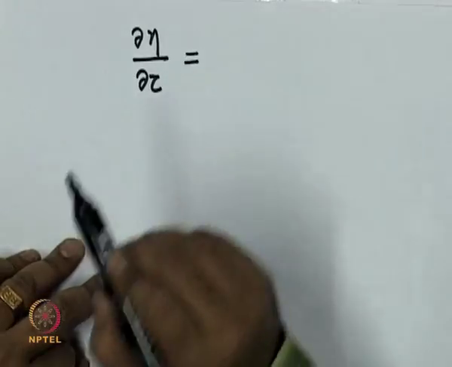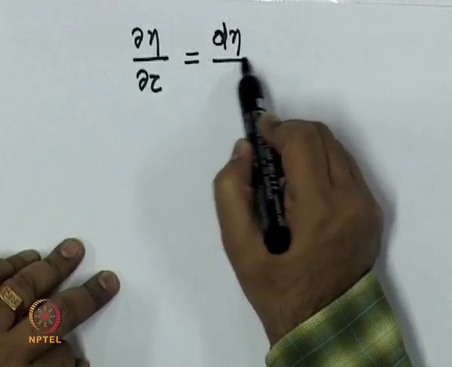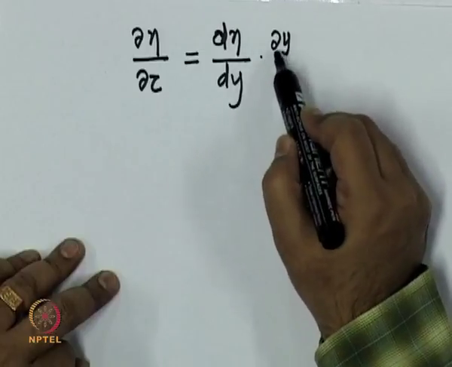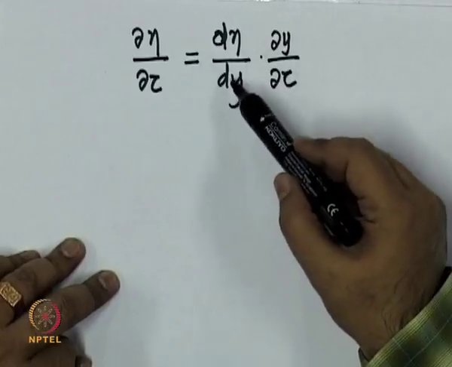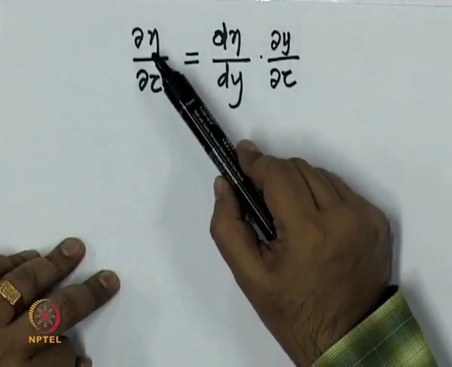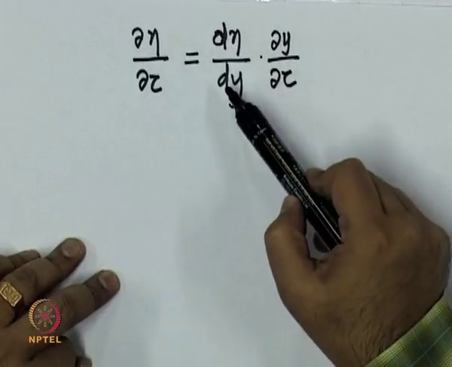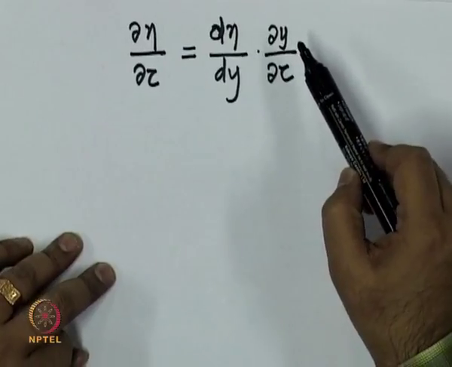So, I am going to write this ∂η/∂τ as dη/dy and ∂y/∂τ, right. Why? Because I want to get the variation of η with respect to τ, but η is only a function of y, and y is a function of τ, the way we have defined.